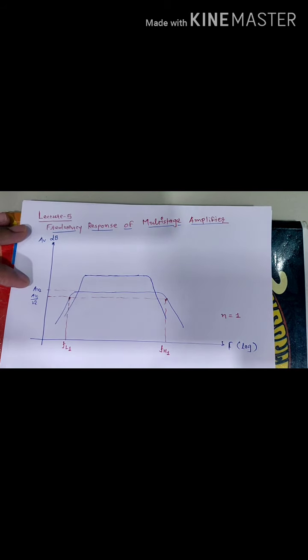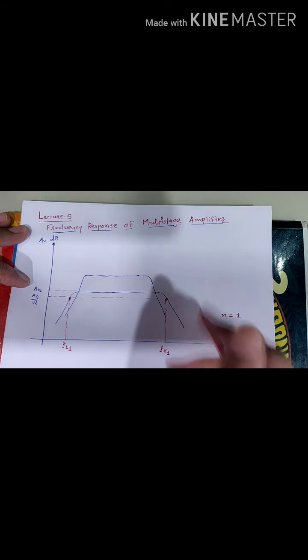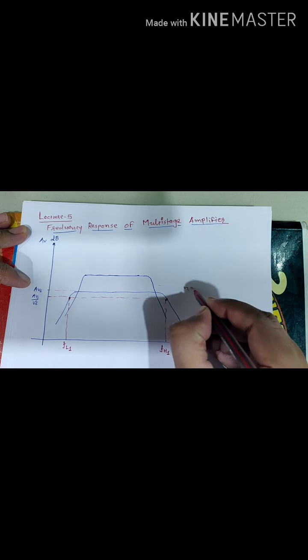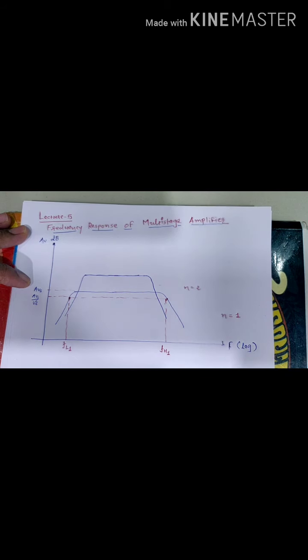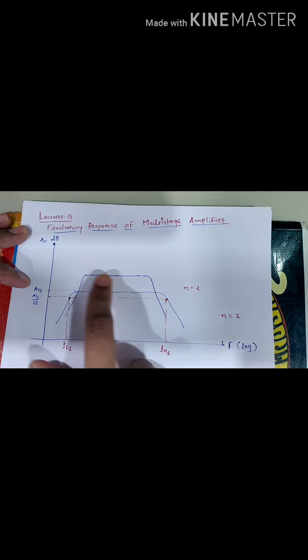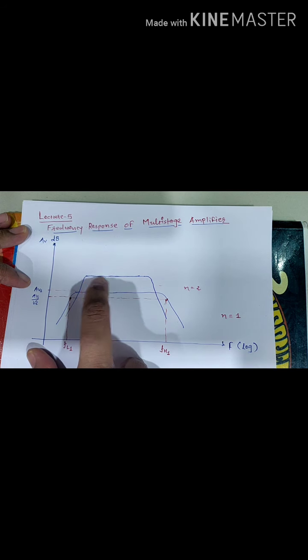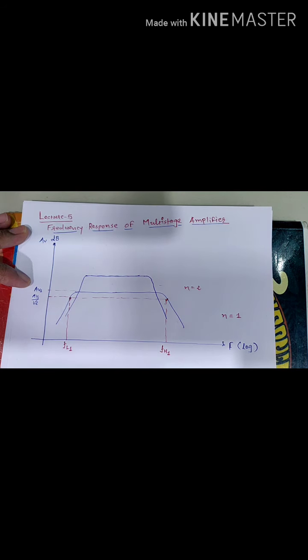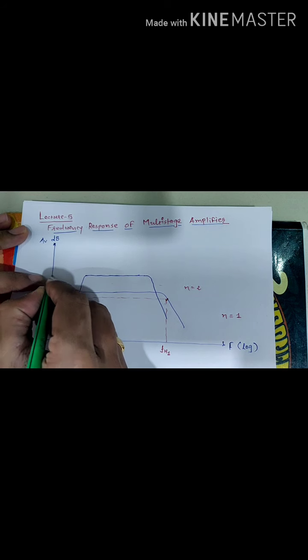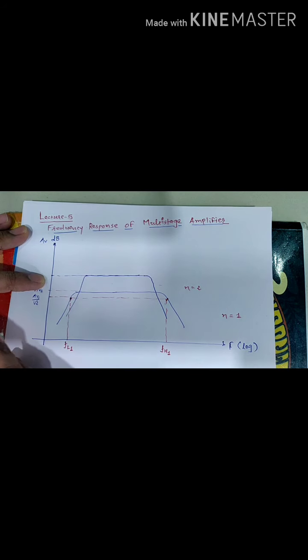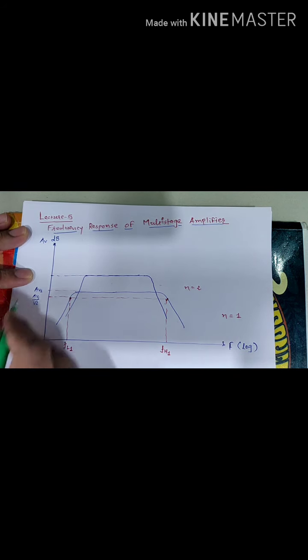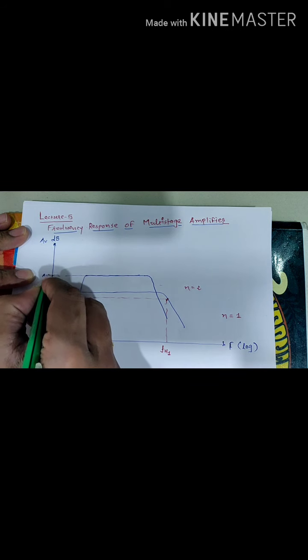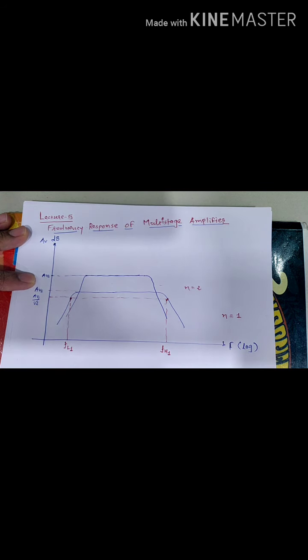Now we denote this as n equal to 2, the second stage. After connecting the second stage, we get a response like this. Now we denote the maximum gain after the second stage, which is nothing but AV2.